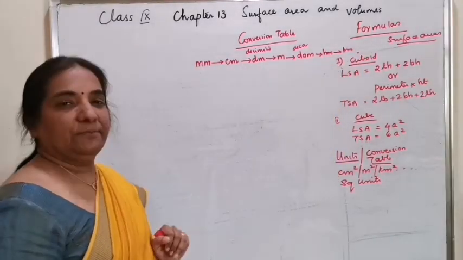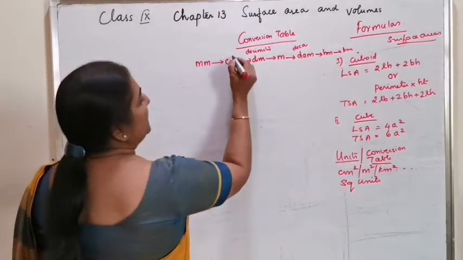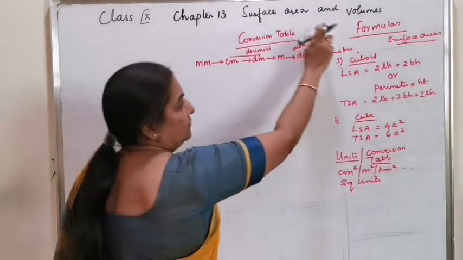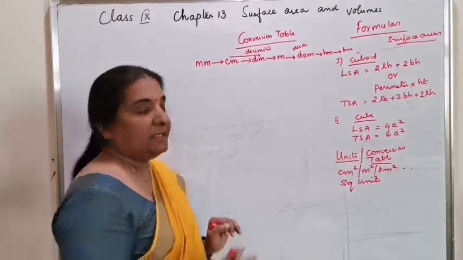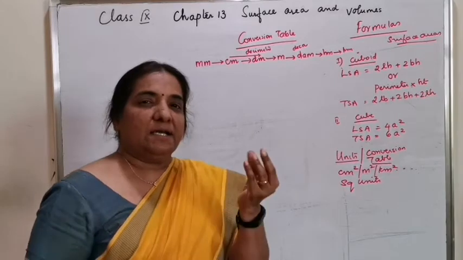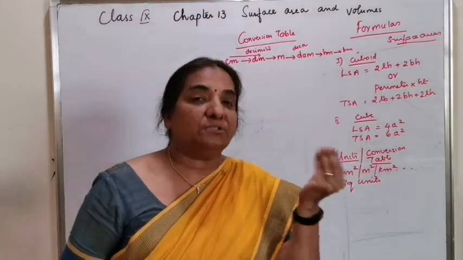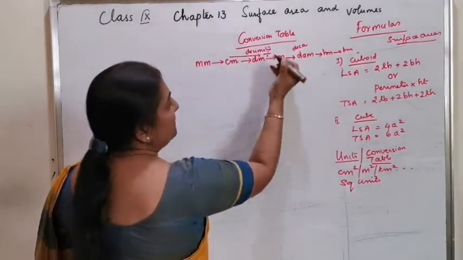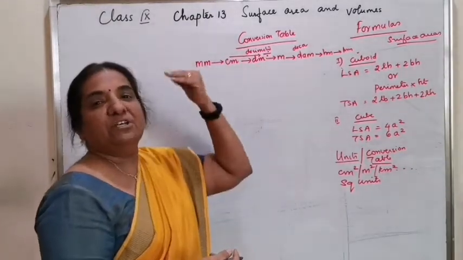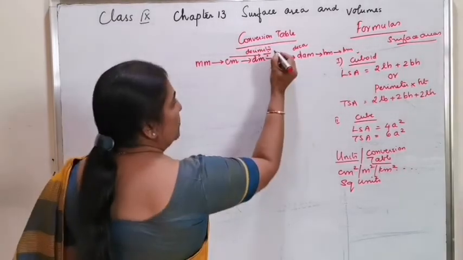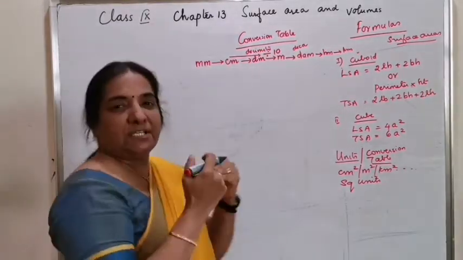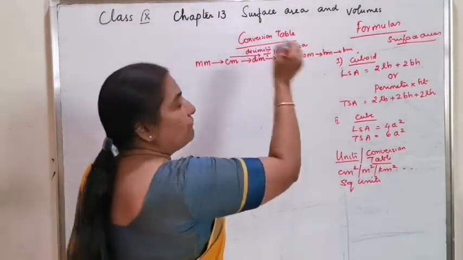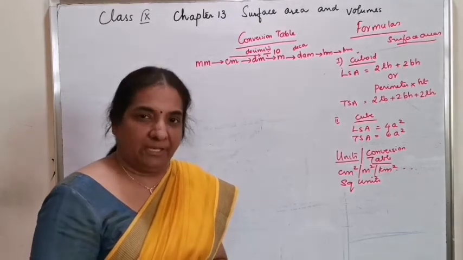How to convert: whenever you have to convert a smaller unit into a higher unit, you can understand that a smaller unit is only a part of a higher unit, and so you will divide by the powers of 10. That is, you will divide by 10, 10 square, 10 cube as per the number of units you are shifting.